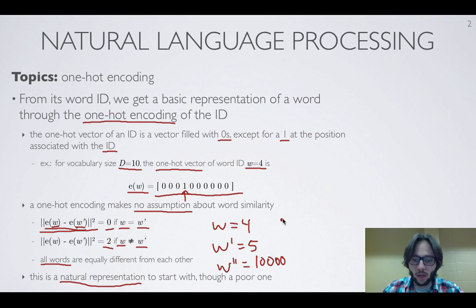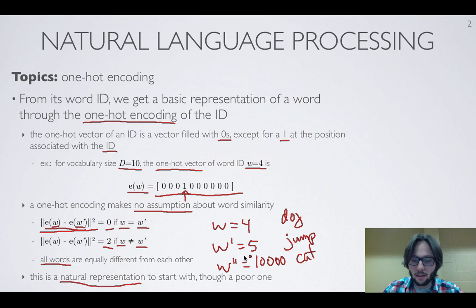However, it might be that in my vocabulary, 4 is actually dog, W prime is maybe jump, and then W prime prime might be cat. And we might argue that dog and cat are actually closer than jump and dog, for instance.